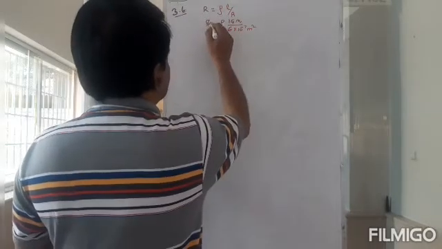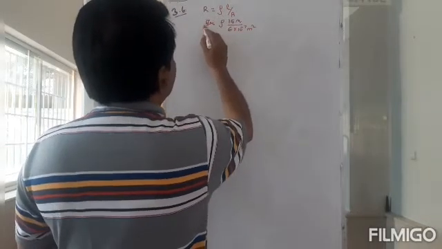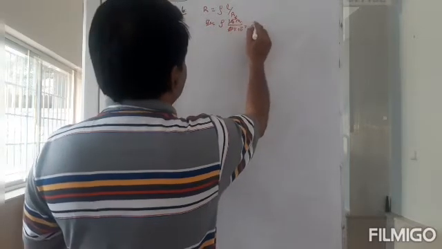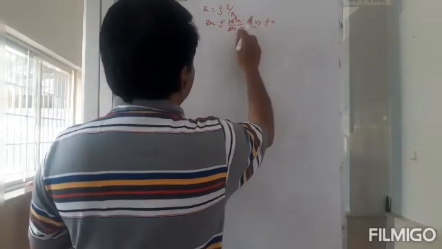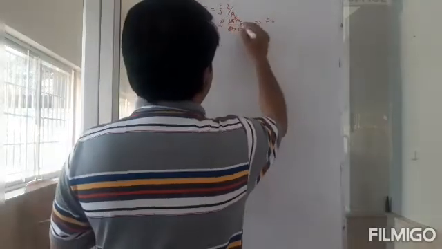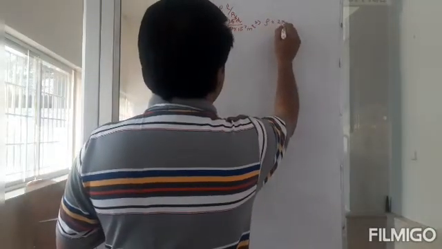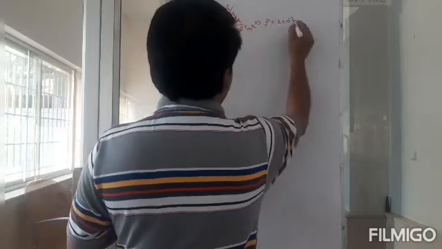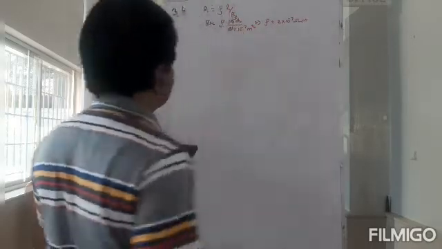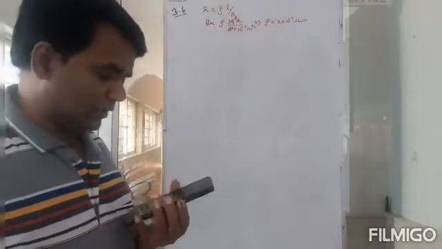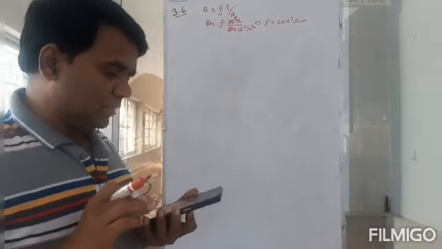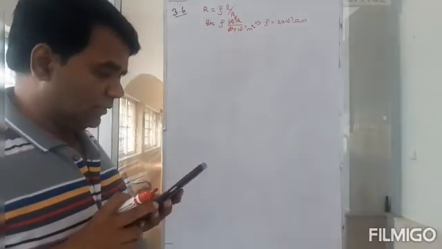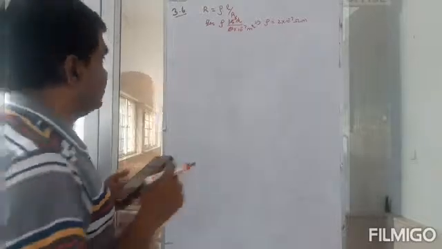So this is 5 ohms, right? So this is 3, this is 3, and this will be 2. So this gives you rho to be equal to 2 into 10 power minus 7 ohm meter. So it's a very straightforward problem, nothing complicated about it. So that is done. 3.7.